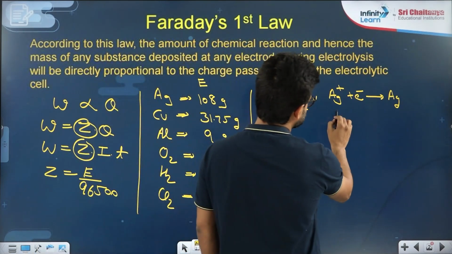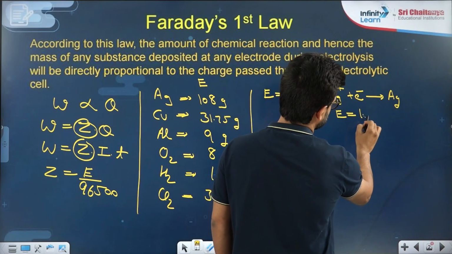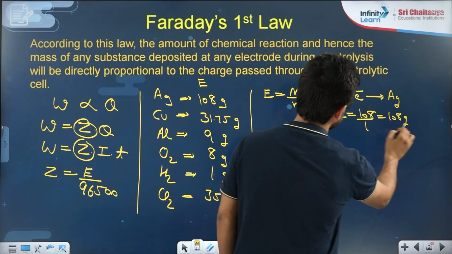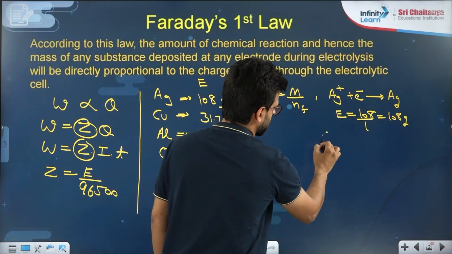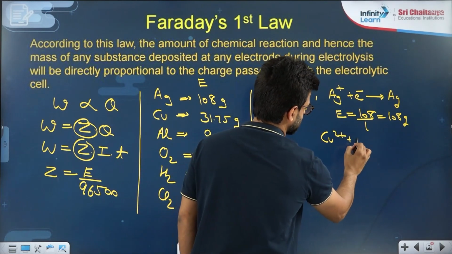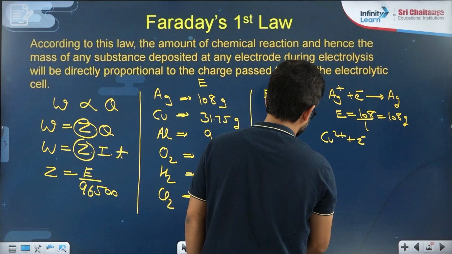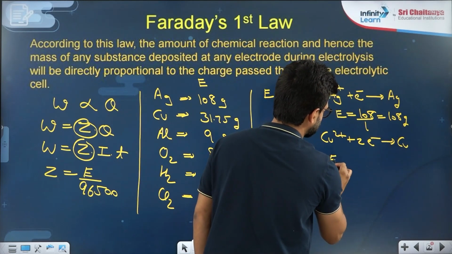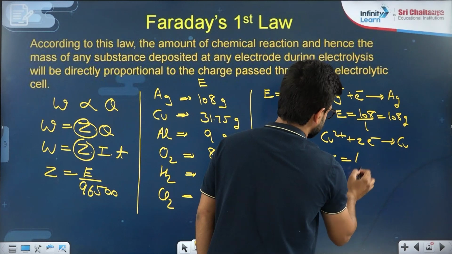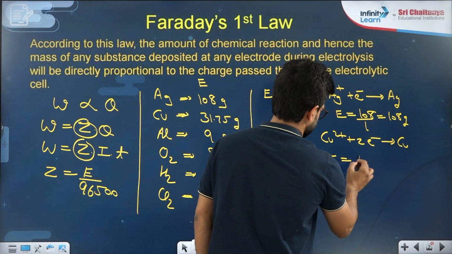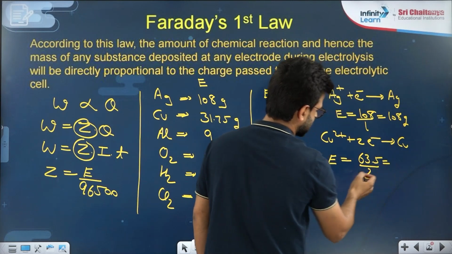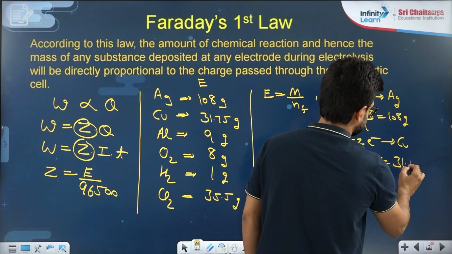Its equivalent weight is its molar weight divided by its n factor, 108. Similarly, for copper, Cu2+ takes 2 electrons and becomes copper. So the equivalent weight of copper is its molar weight, almost 63.5, divided by 2, so almost 31.75 gram.